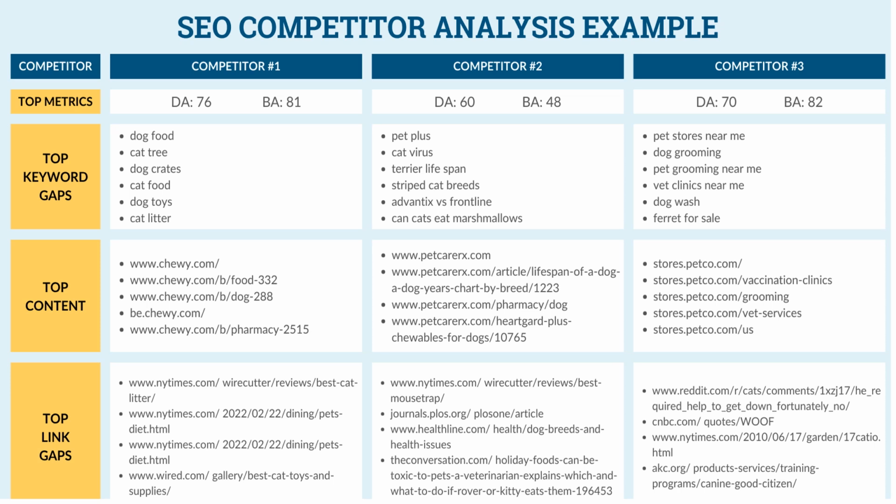You can see the top keyword gaps: dog food, cat food, dog crates, dog toys, cat litter. Then pet plus, cat virus, lifespan, and all these things. Similarly, here in DA 70, you can see pet stores near me, dog grooming. So the same thing is coming out.